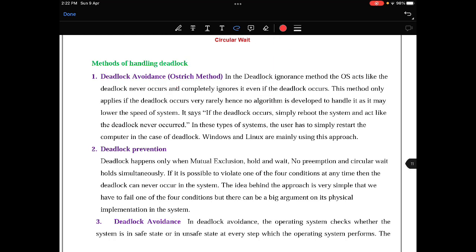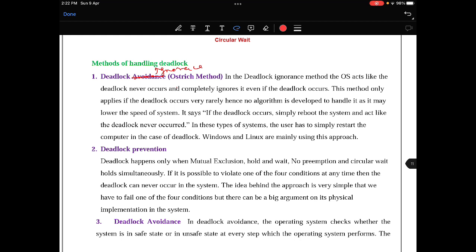The next topic is methods of handling deadlock. The first one is deadlock ignorance, not avoidance, ignorance, also known as the ostrich method. Ostrich is a bird, and you must be aware of this bird. During a sandstorm, it puts its head under the sand so that it may feel that the sandstorm is not there at all.